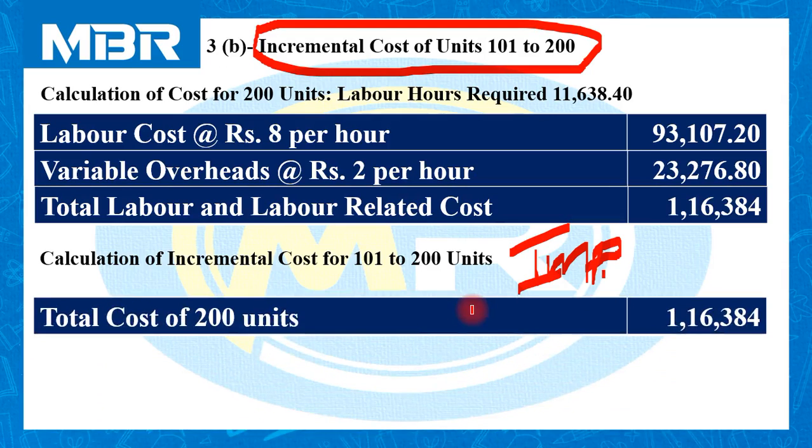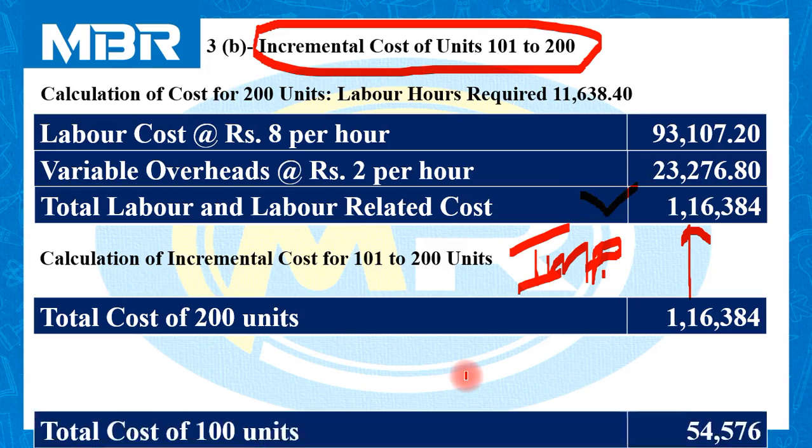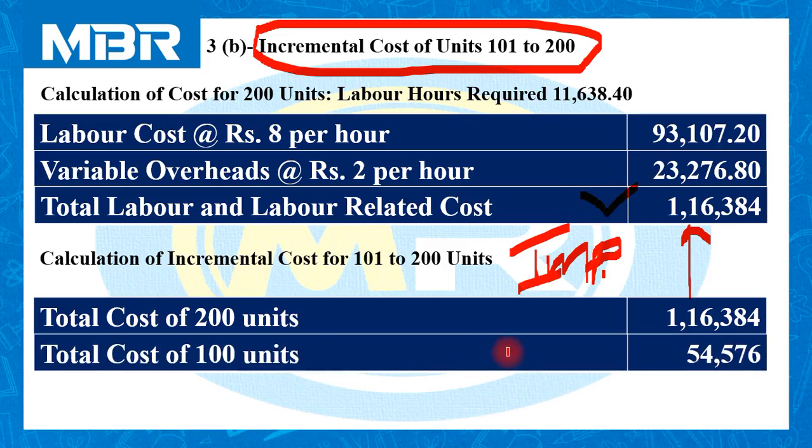Let us insert the figures. Total cost of production of 200 units, 1,16,384. That we have directly inserted from here. And at the time of preparation of the cost sheet, we completed the calculation of the cost for making 100 units.